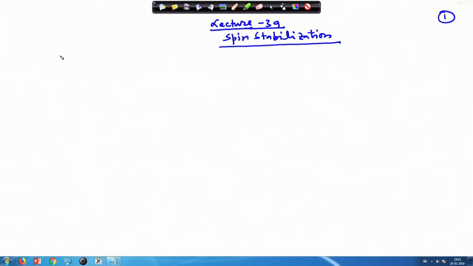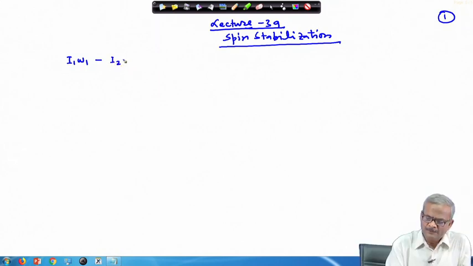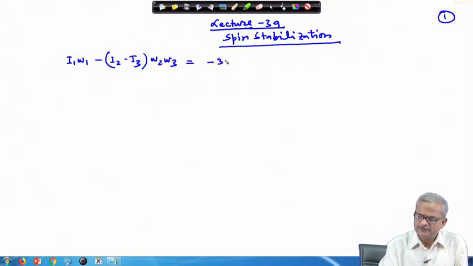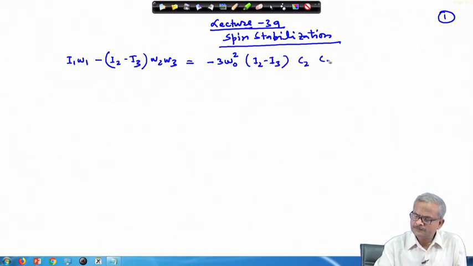Now we write the Euler's dynamical equation here. So, I 1 times omega 1 dot minus (I 2 minus I 3) times omega 2 omega 3 equals minus 3 omega 0 square times (I 2 minus I 3) and then C 2 3 C 3 3.